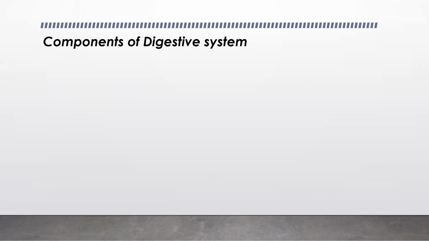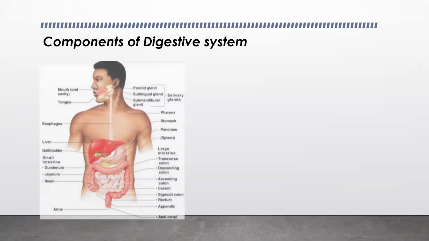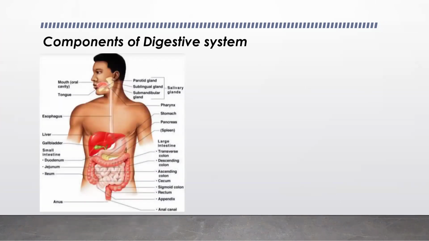Okay, I guess we can start by looking at the components of the digestive system. So when you're talking about the digestive system, you know the function of the digestive system is the one that allows the digestion of food to take place. And of course, we usually start with the oral cavity. From the oral cavity, you go to the pharynx.